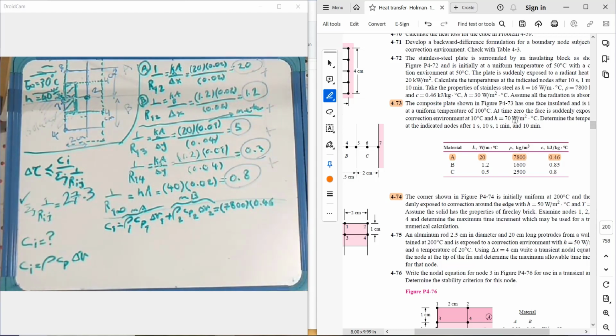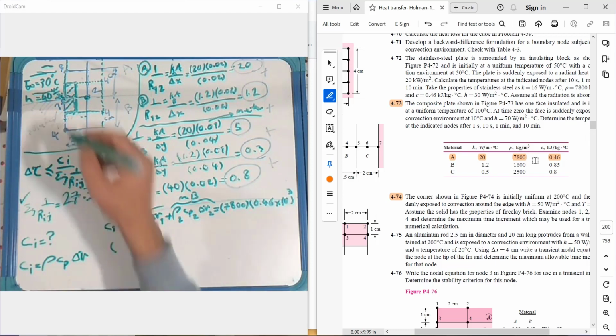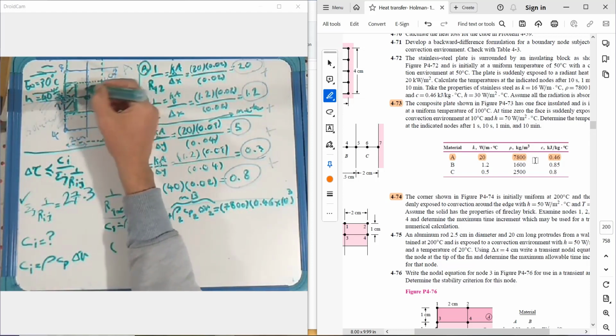But pay attention, this value is in kilojoules, and we want it in joules per kilogram centigrade, so you should multiply by 1000. And delta V, what is delta V of this section?